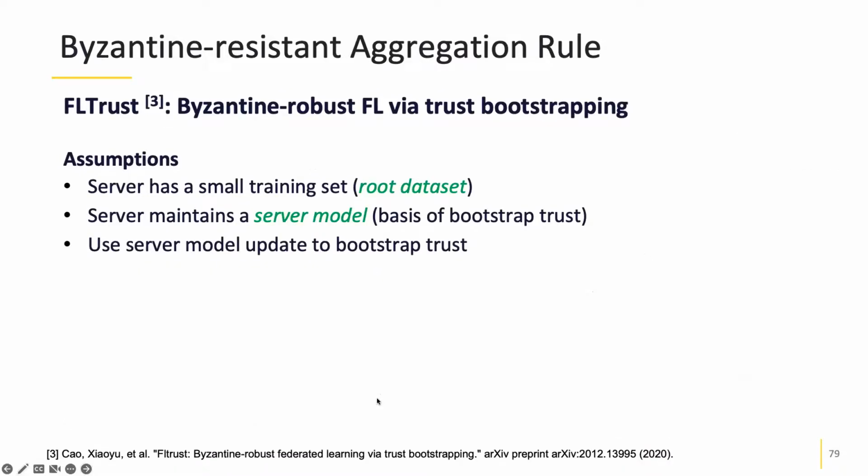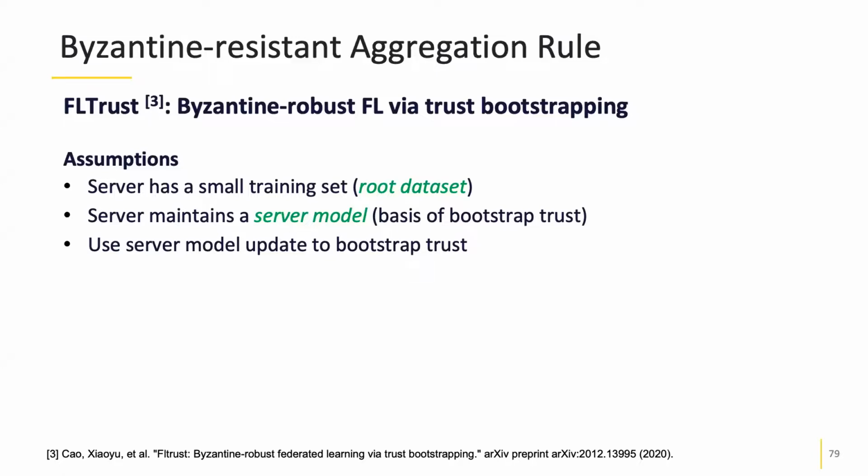The third example of a Byzantine-resistant FL algorithm is called FLTrust. This defense is based on trust bootstrapping on the server side. FLTrust assumes that the cloud server has access to a small training set, which is called the root dataset. It also assumes the server maintains a server model, which is similar to the local model on the client side.